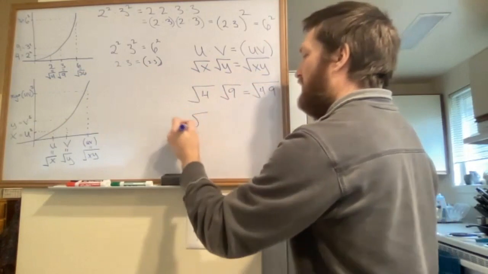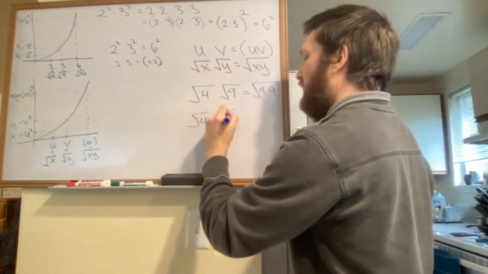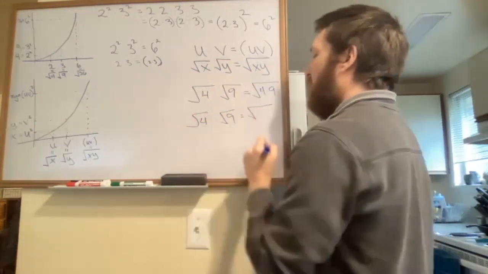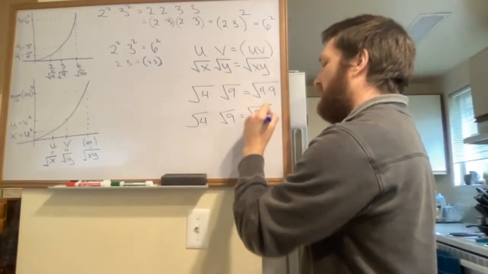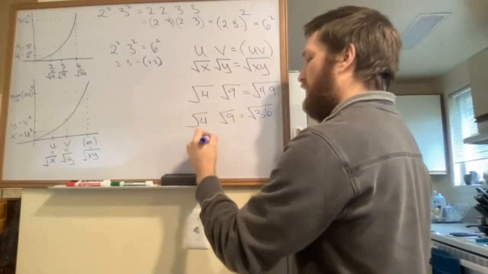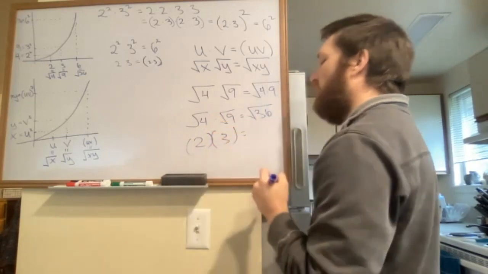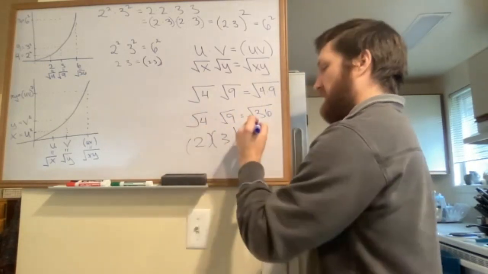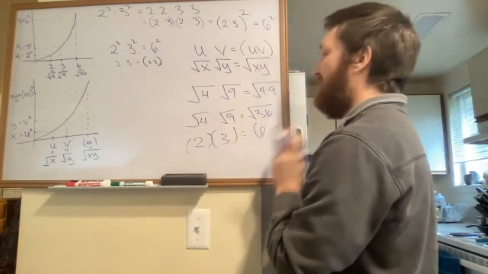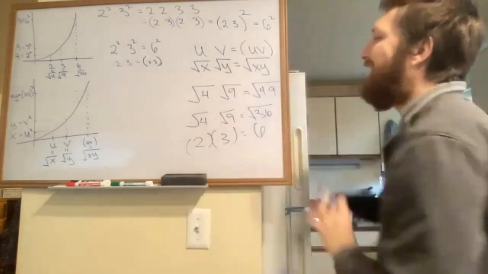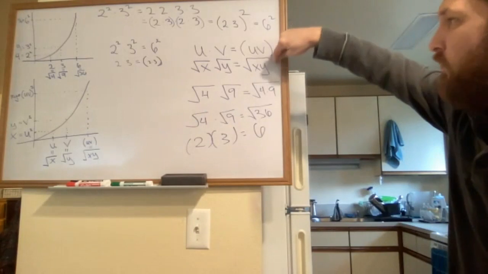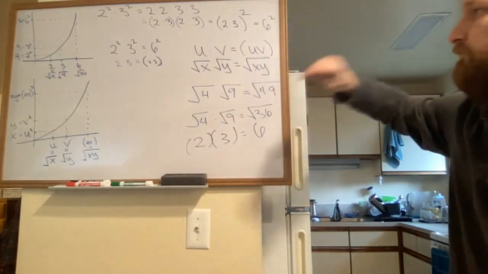And let's see, what's 4 times 9? Oh yeah, 36. Square root of 4 is 2. Square root of 9 is 3. Square root of 36 is 6. 2 times 3 is 6. This is what this means right here.